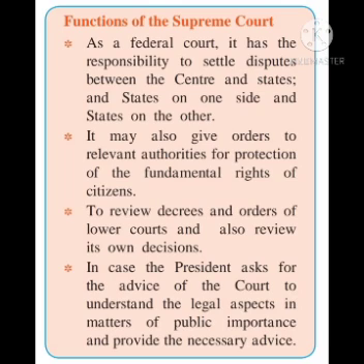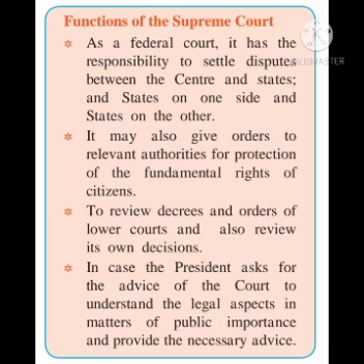Students, why does the President seek the advice of the Supreme Court on any issue of public importance? Because Supreme Court is considered as an apex court. The role and position of the Supreme Court is very important in the judicial and political system of India, as the President nominates the judges.